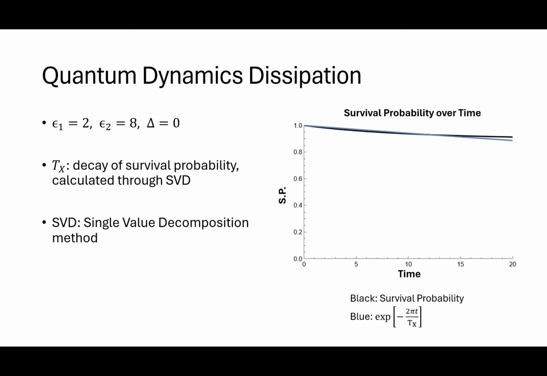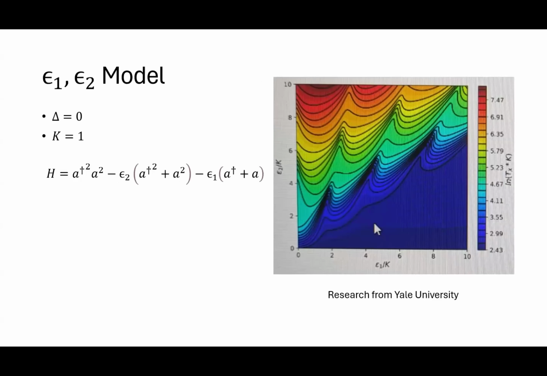So essentially the main point of this is this value, which is basically what we've been studying for our time, and we look at how manipulating different parameters affects this TX value. First we look at manipulating the epsilon1, epsilon2 control parameters.